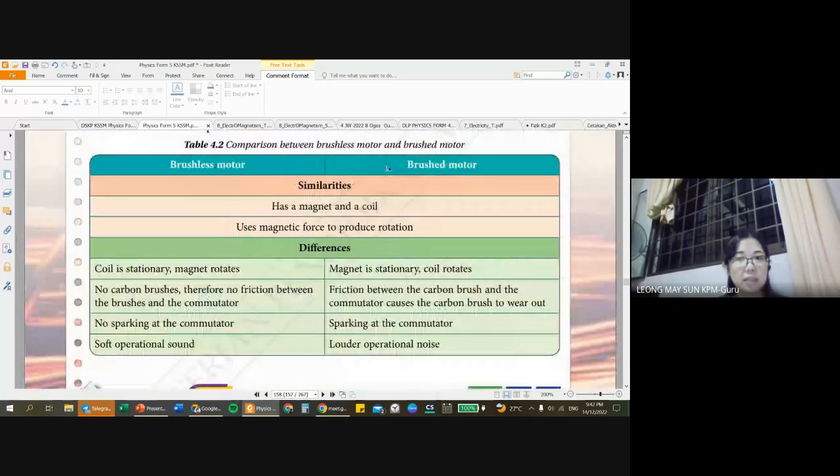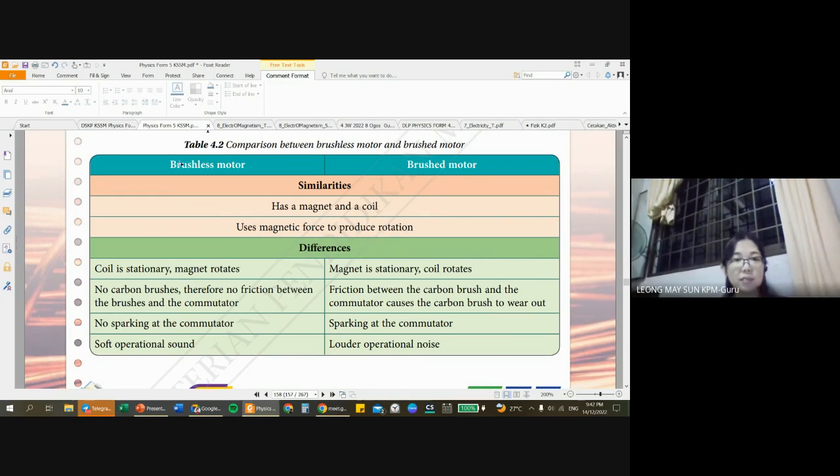So the similarities and differences between a brushless motor and a brushed motor: number one, both have a magnet and a coil. They use magnetic force to produce the rotation. A motor uses electricity to create a magnetic field in order to create the magnetic force, and it's the magnetic force that produces the rotation.